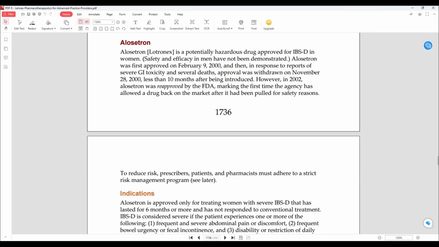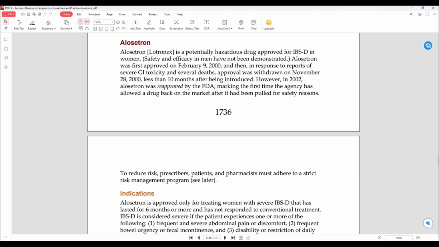Alosetron. Alosetron is a potentially hazardous drug approved for IBS in women. Alosetron was first approved in February 2000, and then in response to reports of severe GI toxicity and several deaths, approval was withdrawn about 9 months later.